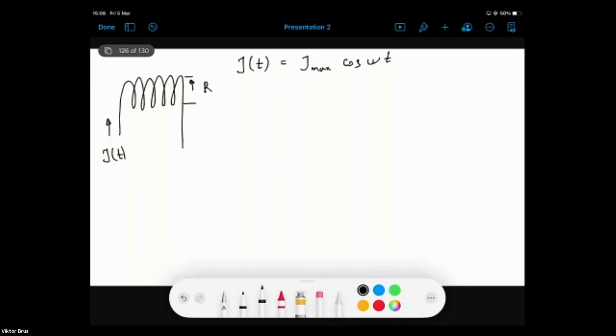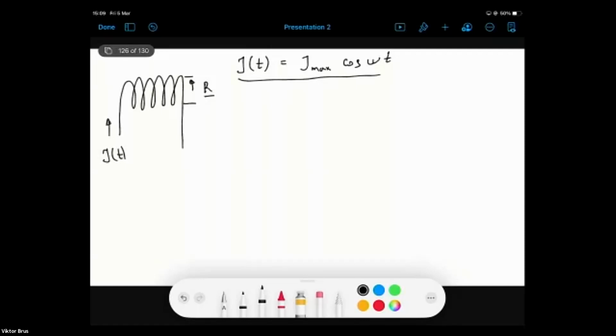So this is the system which we consider: a long solenoid with alternating electric current flowing through it, and this is the function which defines electric current as a function of time. The radius of the solenoid is R capital, and now let us consider the case when we want to calculate the induced electric field by such a solenoid in the outer space.